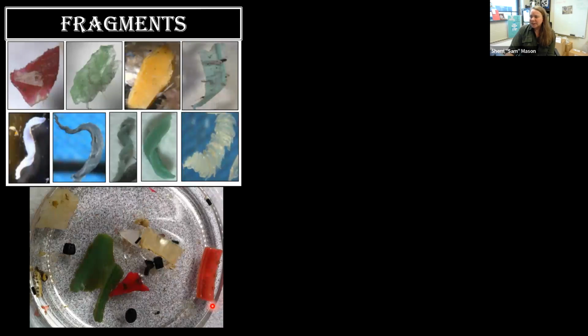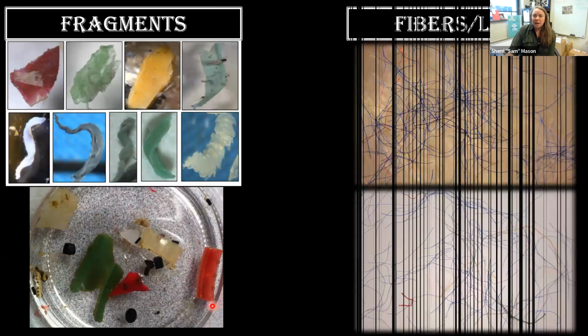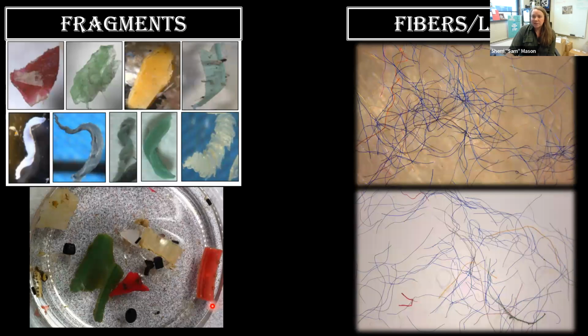We tend to categorize the morphology of plastics that we find, fragments being generally the most common, although fibers and lines in certain situations do become more prominent, especially when you're talking about air samples. That's largely fibers. Fish largely contain fibers.